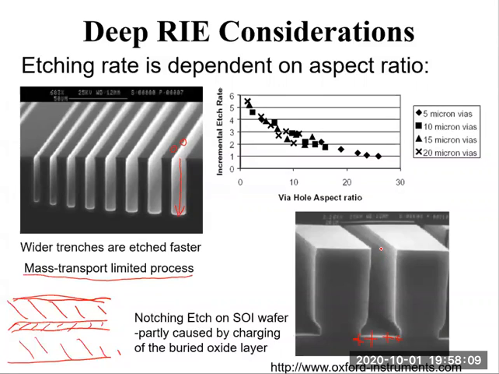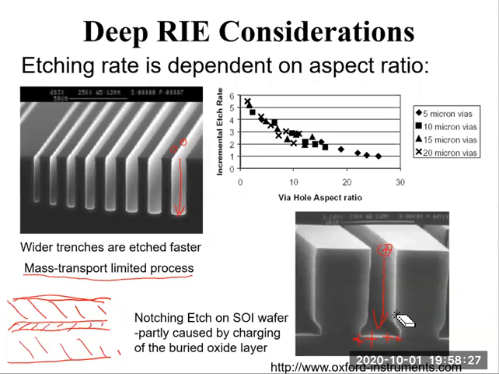Remember, argon ions need to strike the bottom surface to remove the passivation layer.